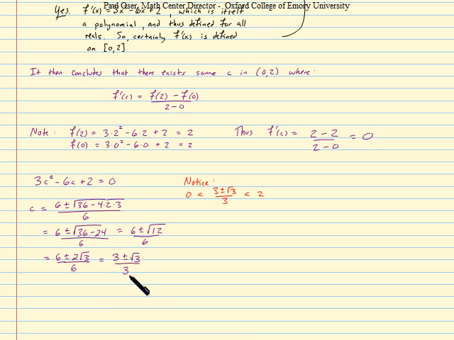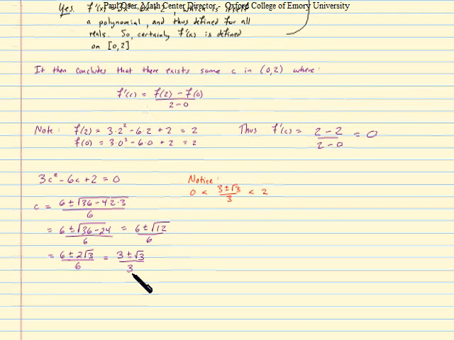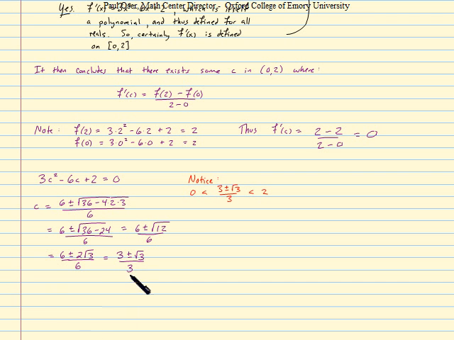If these are the x values, if these are the inputs, how do we find the y values? Well, we have to plug them in. Plug them into what? The original equation for f, which is, if you recall, x cubed minus 3x squared plus 2x. So I'm going to evaluate this function at these 2 points.